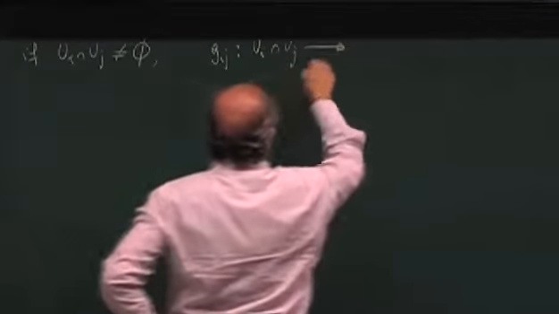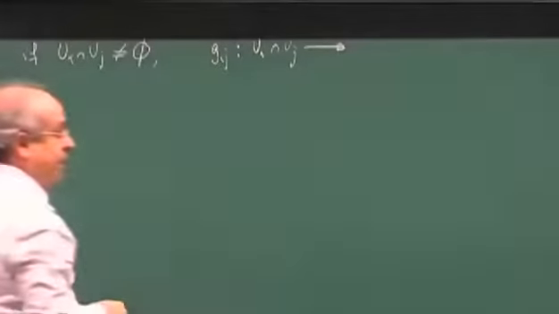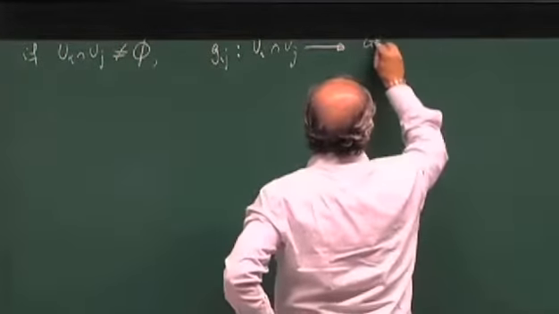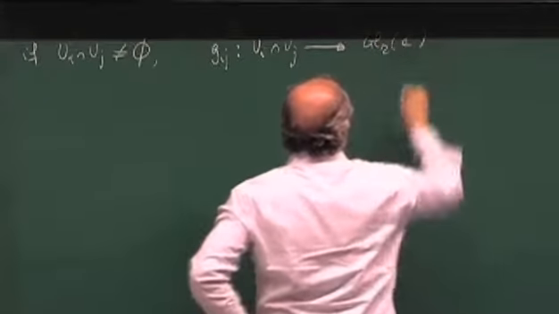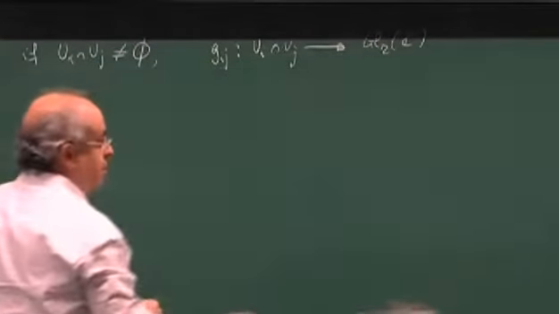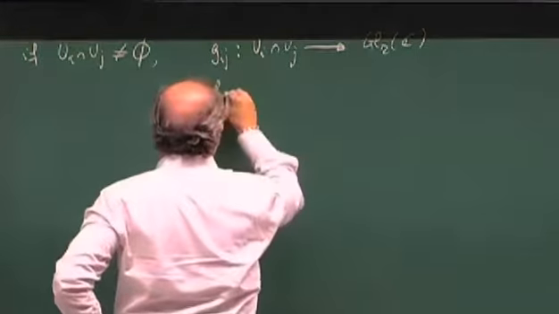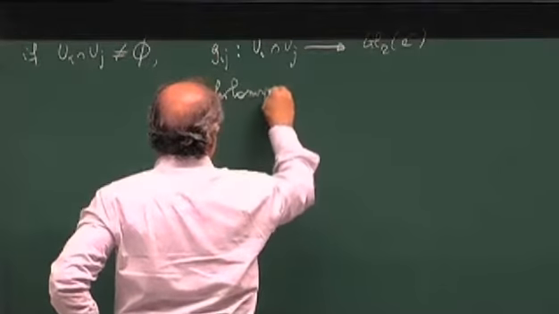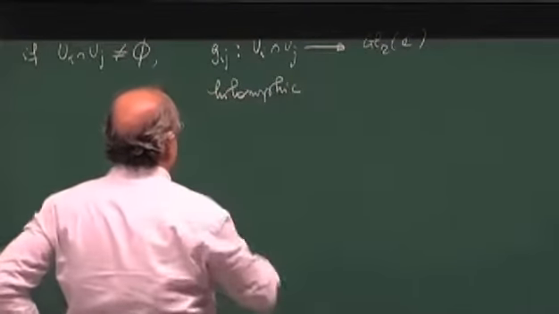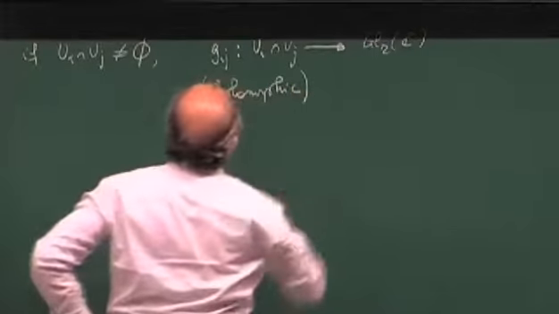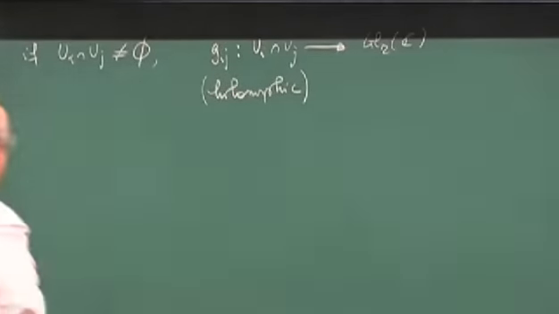This is going to be, for every choice of the point here, an invertible linear transformation. So it is an element in GL(R, C). And this, by birth, is holomorphic, because everything is holomorphic here.